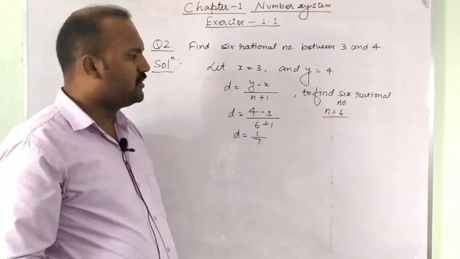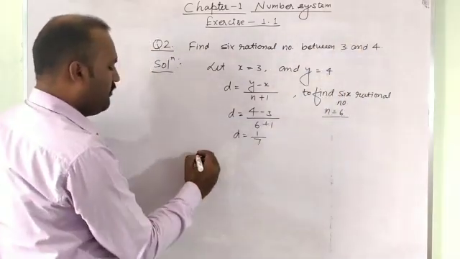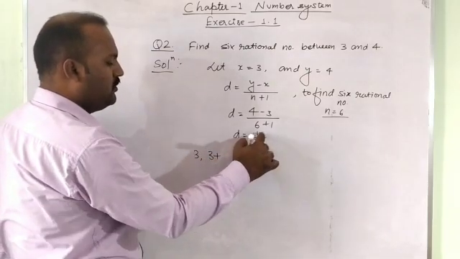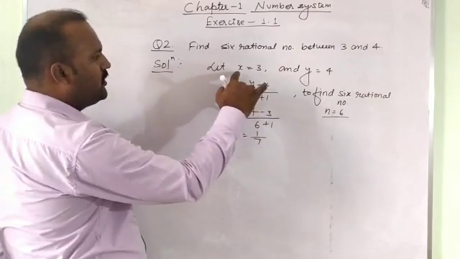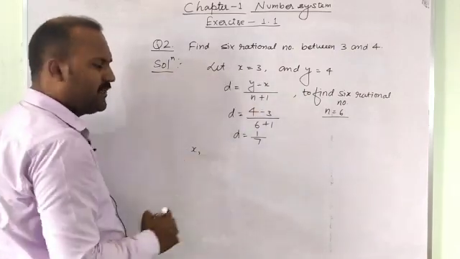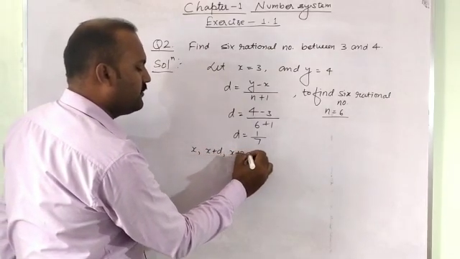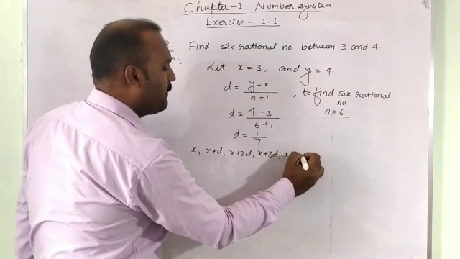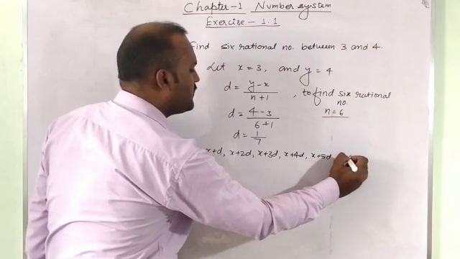To find the numbers after 3 and before 4, after 3 we have to add like this. Suppose the first number is x. After x, this will be x plus d, x plus 2d, x plus 3d, x plus 4d, x plus 5d and x plus 6d.